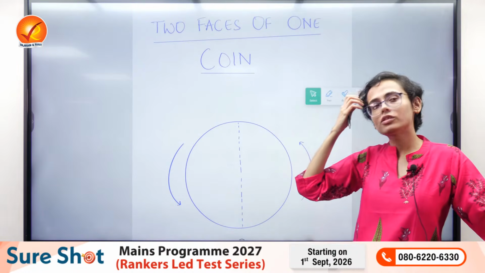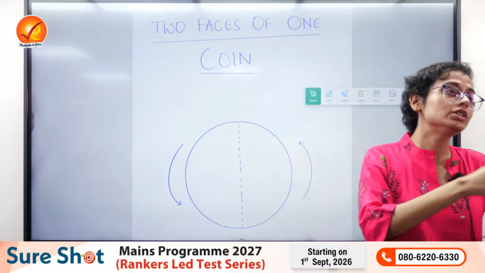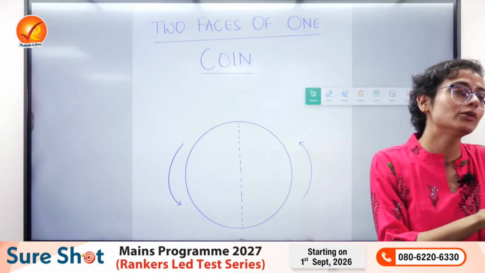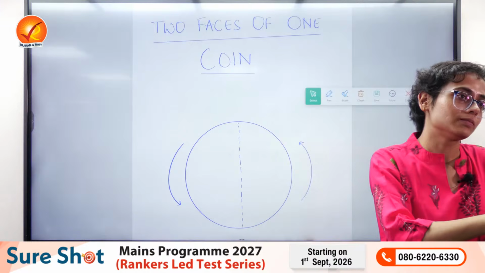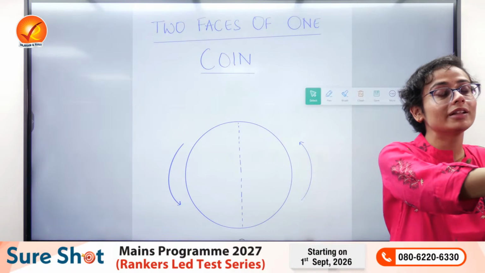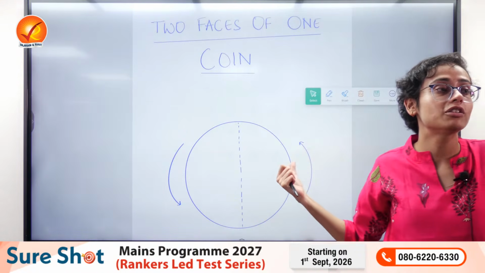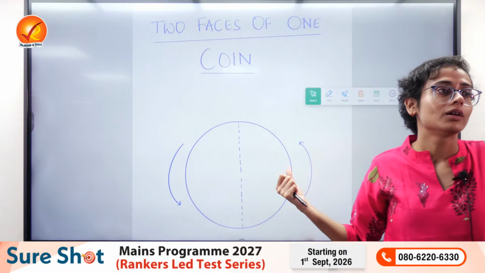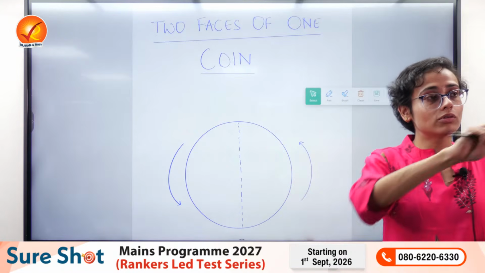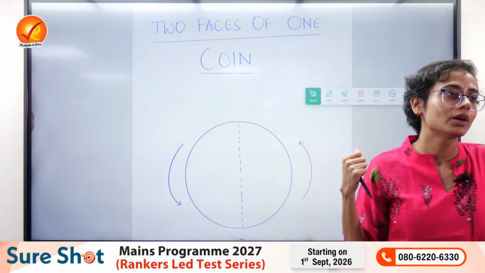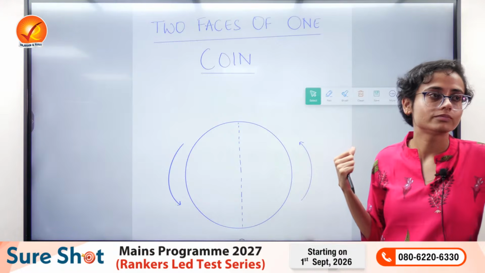Difficult to apply because we want judicial activism, but we do not want judicial overreach. We want judicial accountability and independence both. We want rights and duties both. Getting my point? So what you are saying, they can't be together.